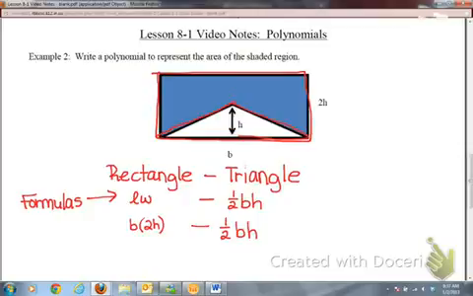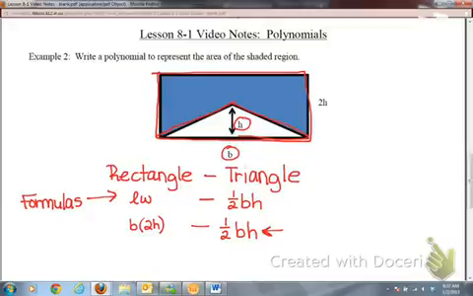So that is pretty much the same as the formula for the area of a triangle because of the letters that they used. So again, I just got that from looking up at the picture. The B is the base of the triangle, and the h is the height of the triangle.